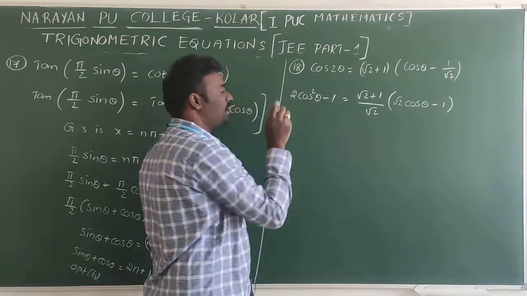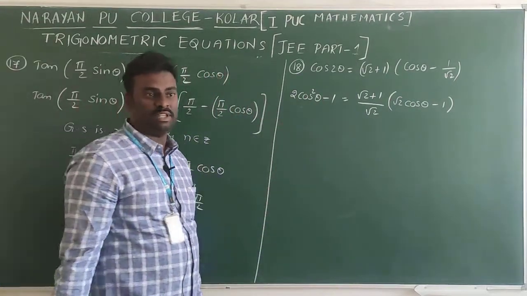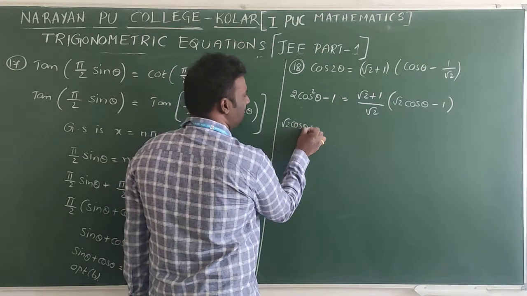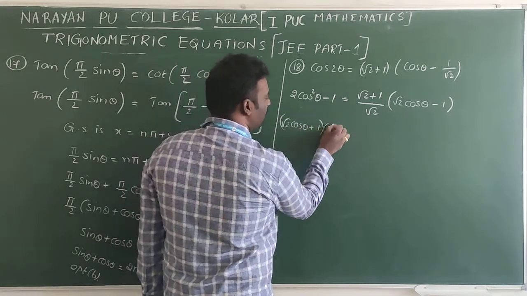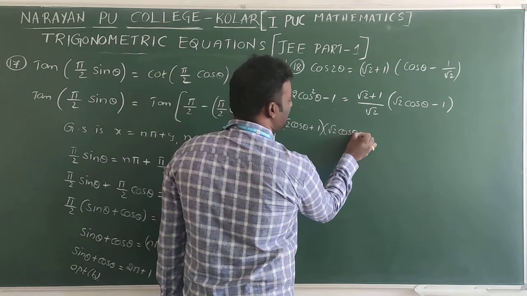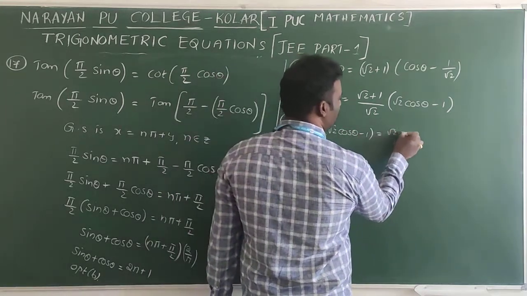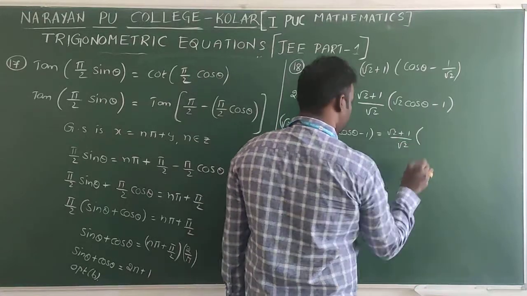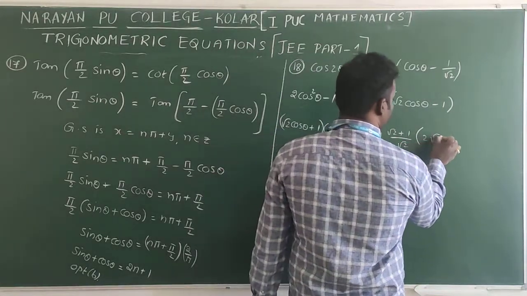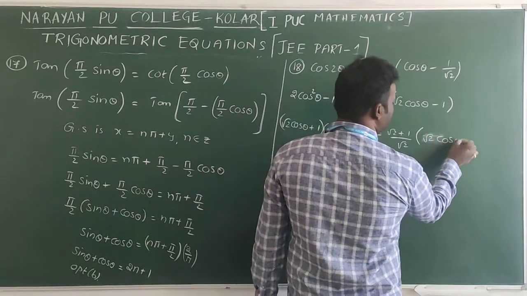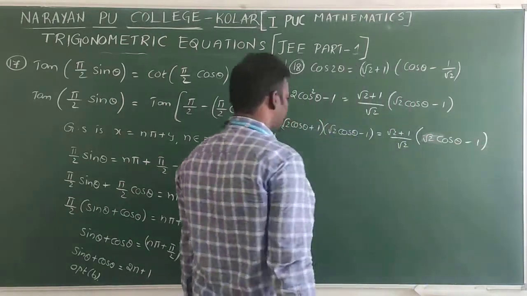The left side is in the form of a square minus b square, a plus b into a minus b. It can be written as root 2 cos theta plus 1 into root 2 cos theta minus 1 is equal to root 2 plus 1 by root 2 into root 2 cos theta minus 1.